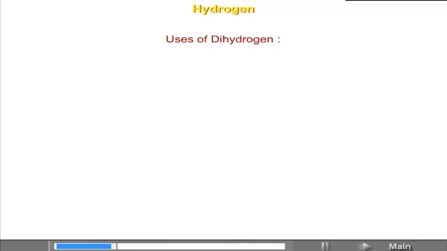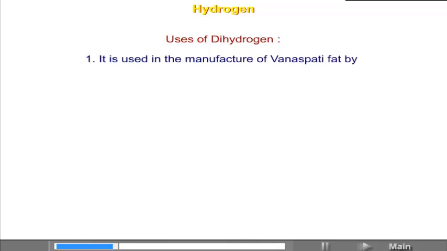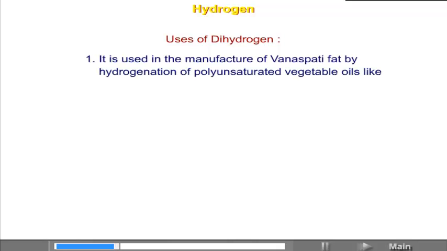Uses of dihydrogen. It is used in the manufacture of vanaspati fat by hydrogenation of polyunsaturated vegetable oils like soybean, cottonseed, etc.